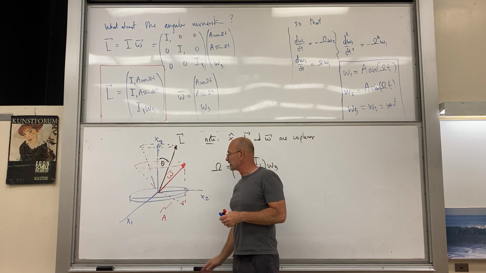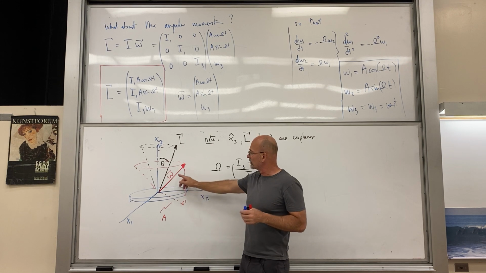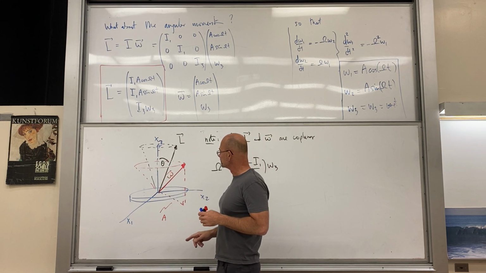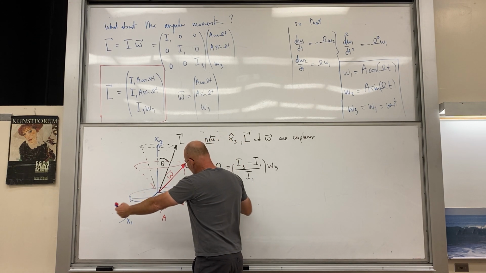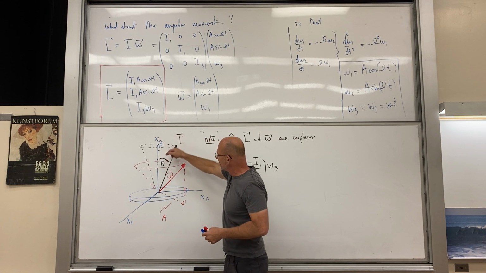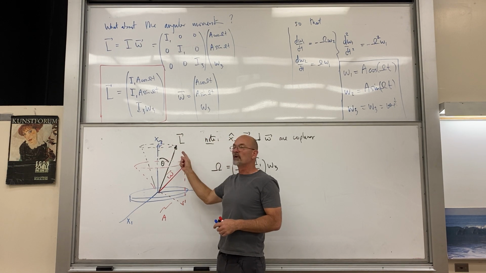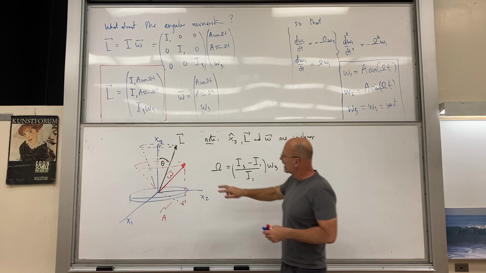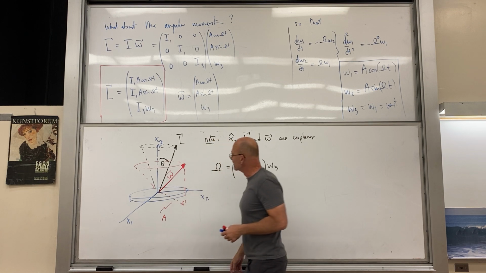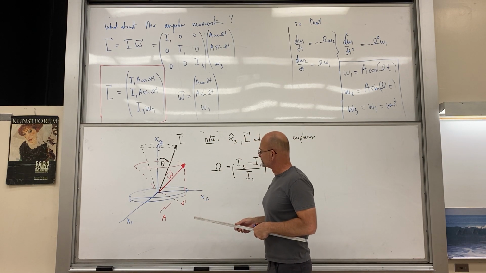It's a real fixed thing in either frame of reference. You could take your disk and glue on those axes, and then you'd be asking what's the frequency with which this x3 axis is whipping around that point in space. So I have that angle between L and x3 for that reason.